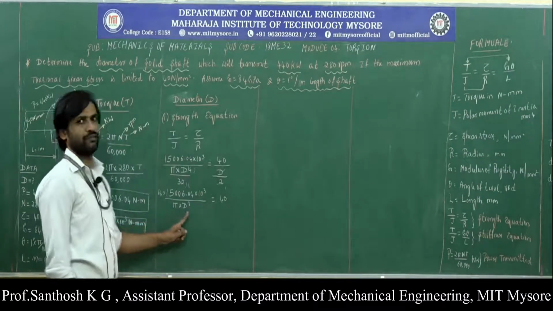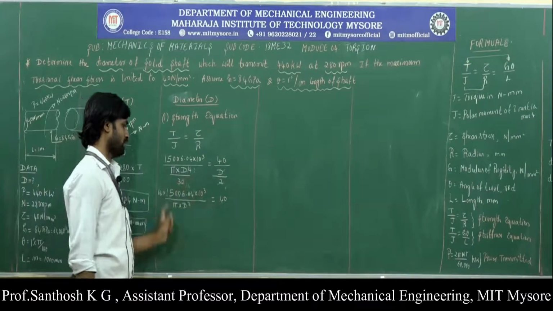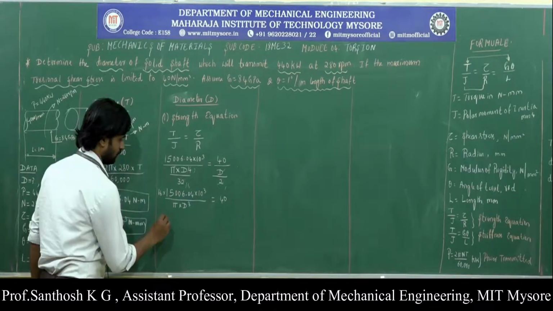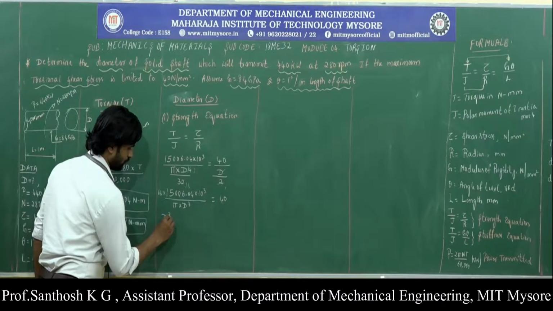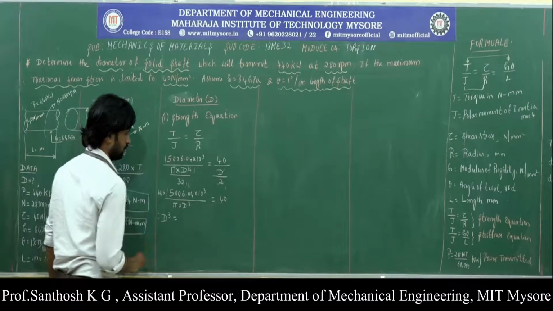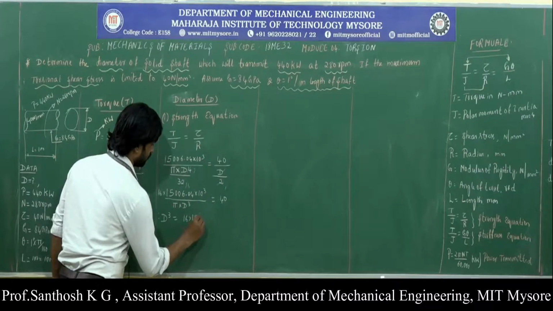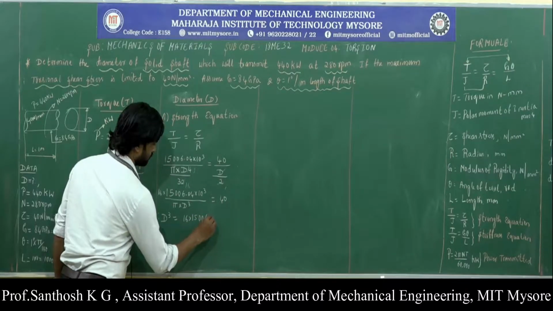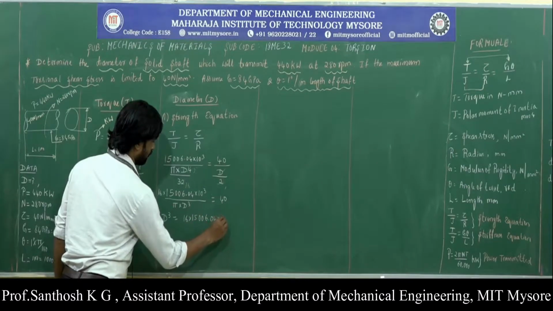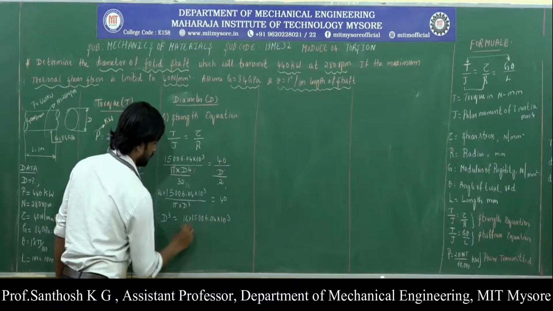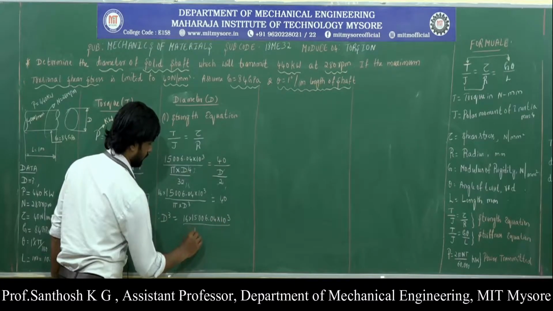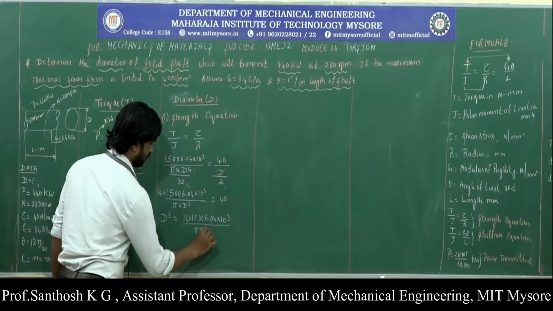Here I need to get the value of d, so I am going to write this equation in terms of d. Therefore, d cube equals 16 into 15006.04 into 10 to the power of 3 divided by pi into 40.